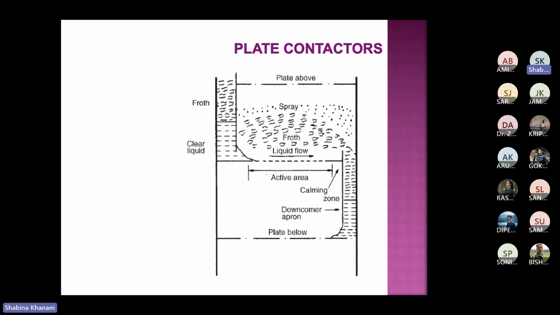Further, if liquid is moving over the plate, no problem. But if vapor flow rate is too high, one thing is it pushes the liquid upward, that is the flooding condition.